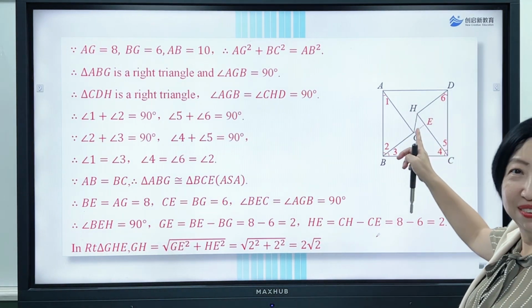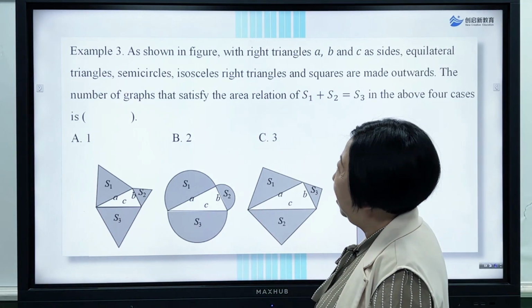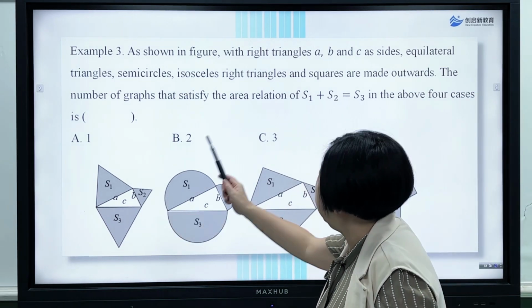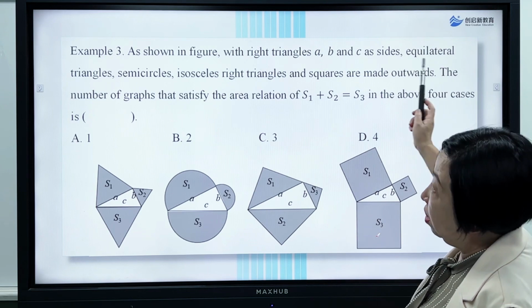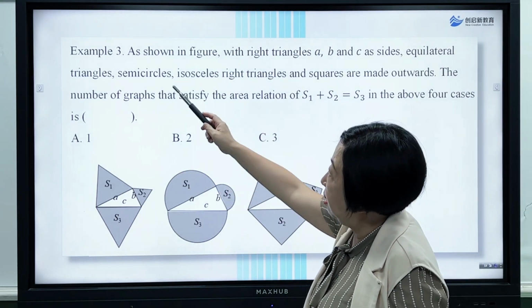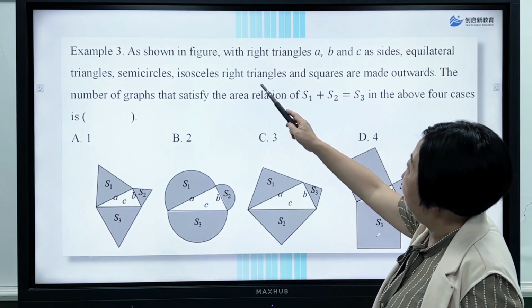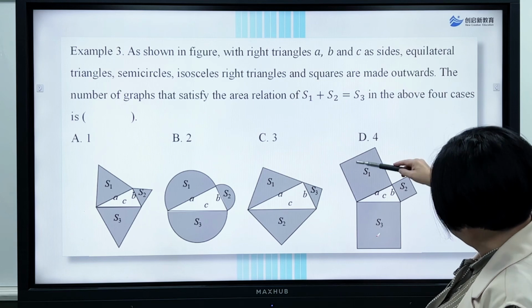Please have a look. Let's go on. Example 3. As shown in the figure, with right triangle ABC's sides, equilateral triangles, semicircles, isosceles right triangles and squares are made outward.